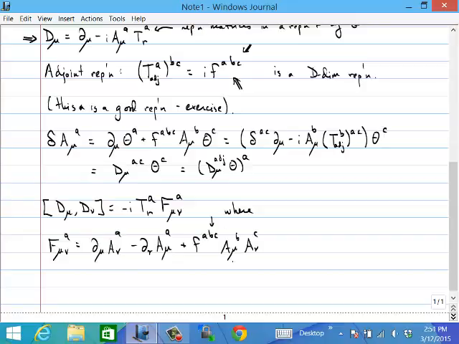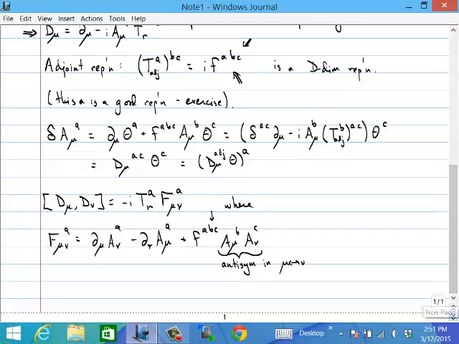And so because of that, you could antisymmetrize those two gauge fields, A_mu^B and A_nu^C, to conclude that just as in electromagnetism, the field strength F_mu nu is antisymmetric in its two indices mu and nu.